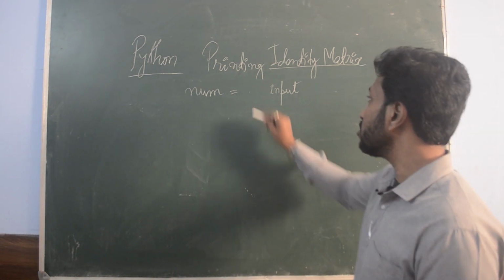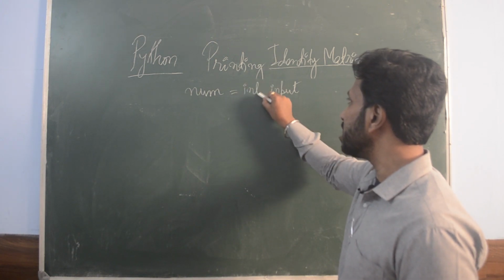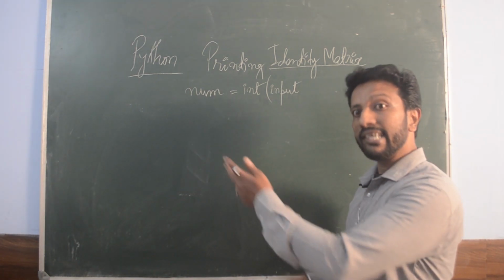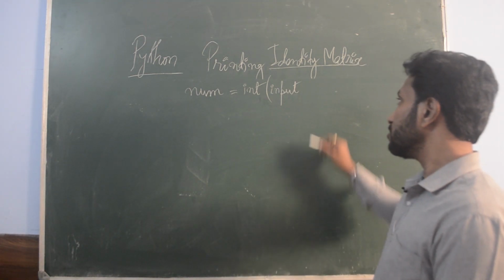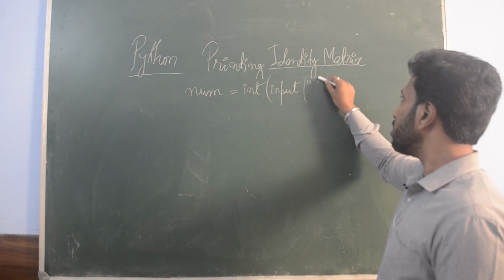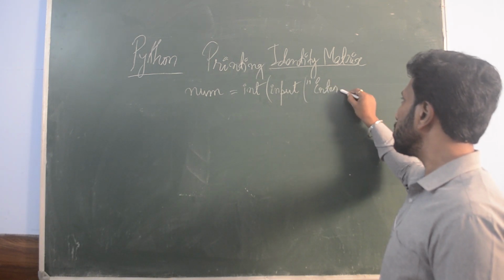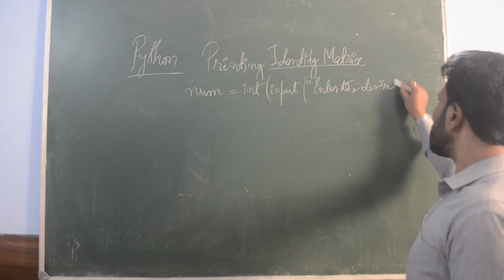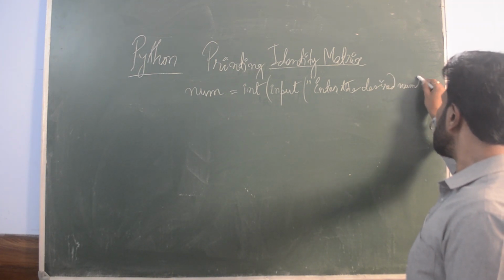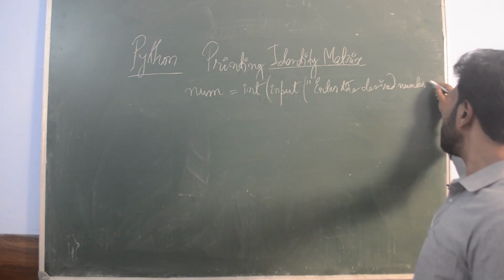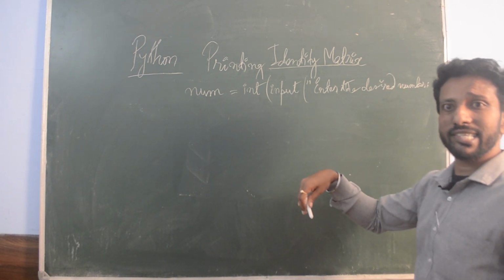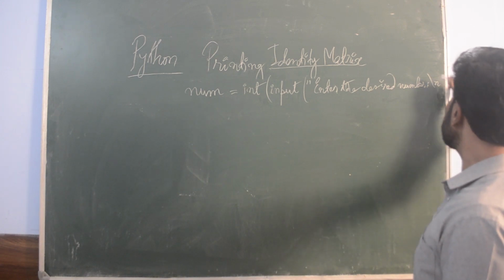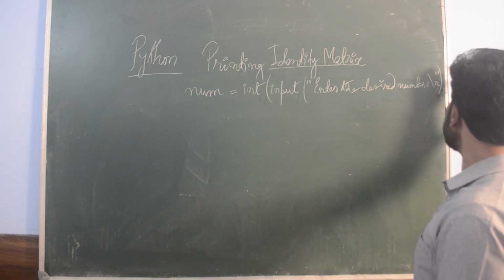That's why we have to use the int keyword, so that we can convert it to int explicitly. So input, enter the desired number. And if you want to give the control to the next line, then you can use \n. That's it. This is done.